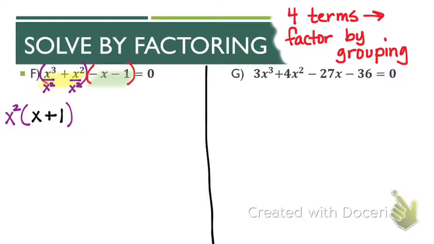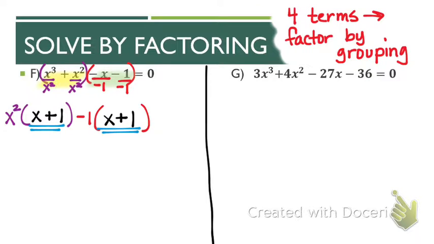So if I factor out a negative 1 from these two, I'm going to have x plus 1 again. When you factor by grouping, what you have left has to match. Notice how I have an x plus 1 and an x plus 1 and they're the same. That's how I know I did it right.